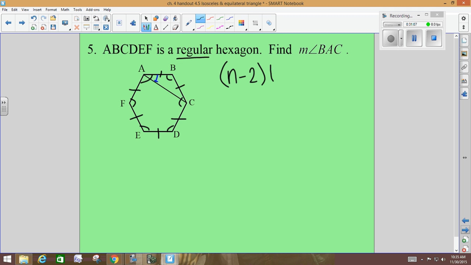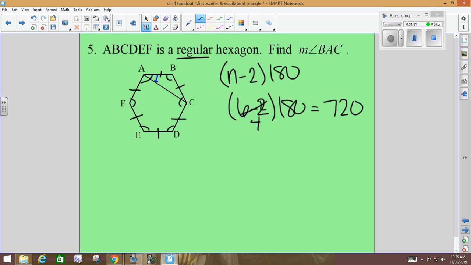Jack. Do this thing to get all the angle measures. Okay, so 6 minus 2 is 4. 4 times 180, 720. So all 6 angles inside of the hexagon have to add up to 720, right? Good. 720 divided by 6?